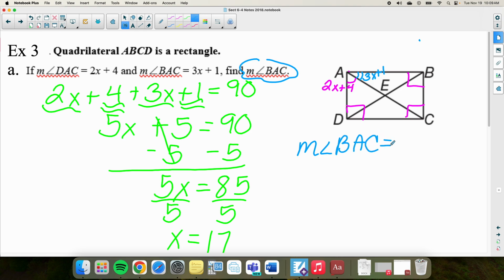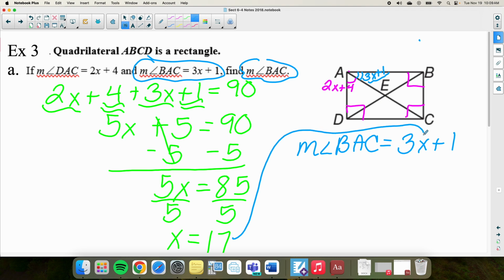Okay, BAC is my angle in blue here. It's also listed here if you needed it. BAC is 3x plus 1. So I'm going to take that 17 and put it in there. So it'd be 3 times 17 plus 1, which would be 51 plus 1, which is 52. And that would be our answer.